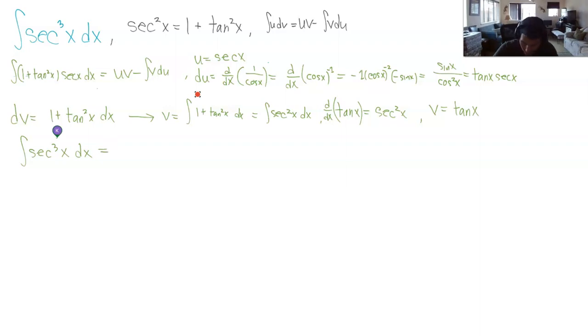So let me go in black. u is secant x. v is tangent x. Then minus the integral of v, which is tangent x, and then du, which is tangent x secant x dx.